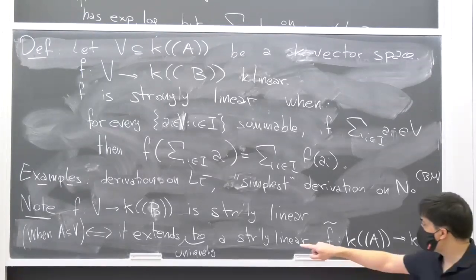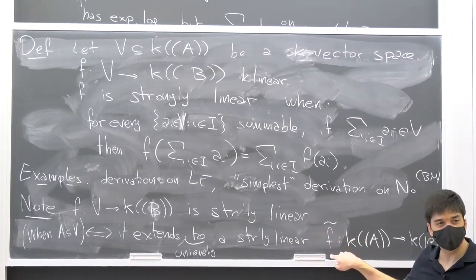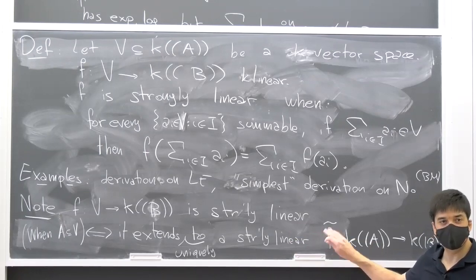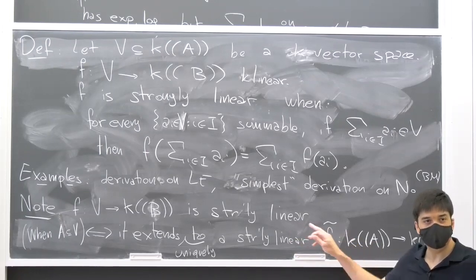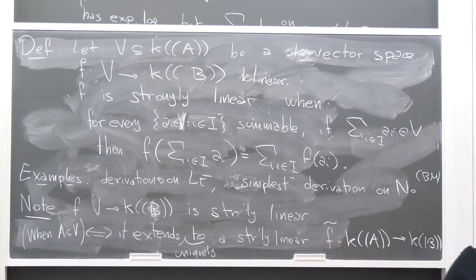No. It's because the word strongly linear is also on the right hand side of this equivalence. So if V is equal to K of A, this is a tautology. I'm just saying F is strongly linear if and only if it's strongly linear in that case.